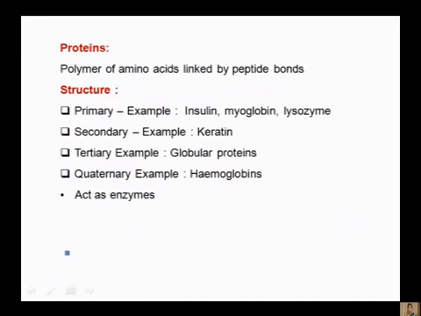Next come proteins. Proteins are considered polymers of amino acids which are linked by peptide bonds. The structure of proteins can be classified into primary, secondary, tertiary or quaternary. The primary structure indicates the linear arrangement of amino acids, and examples are insulin, myoglobin and lysozyme.